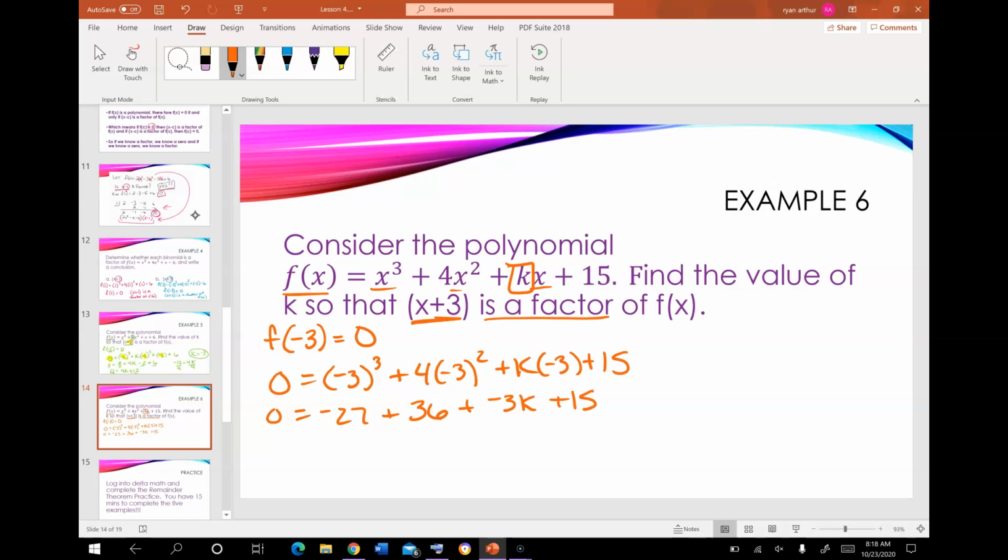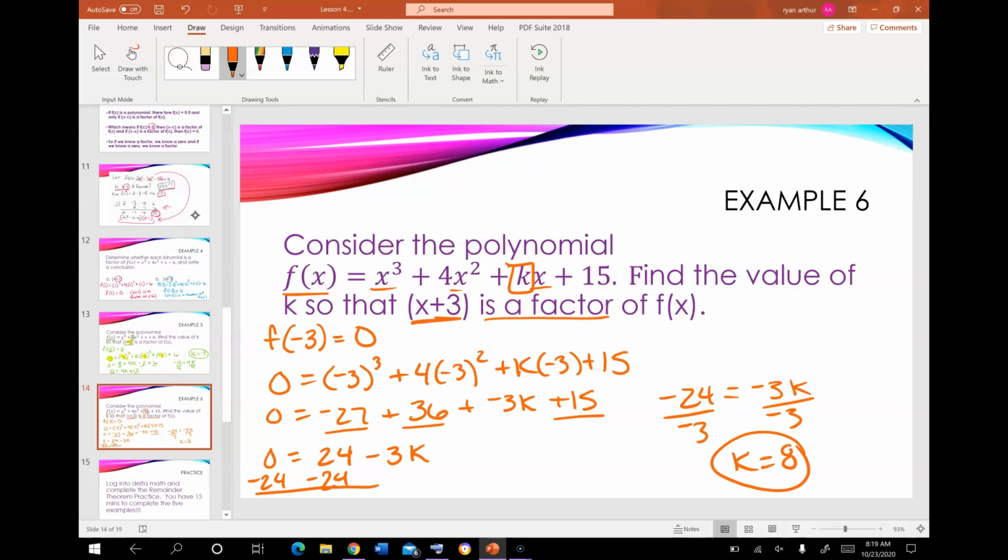Let's combine our like terms. -27, 36, and 15 gives me 24. That negative makes that, so we're going to say -3k. Solve for k. -24 minus 24. I get -24 is equal to -3k. Divide by -3, and k equals 8.